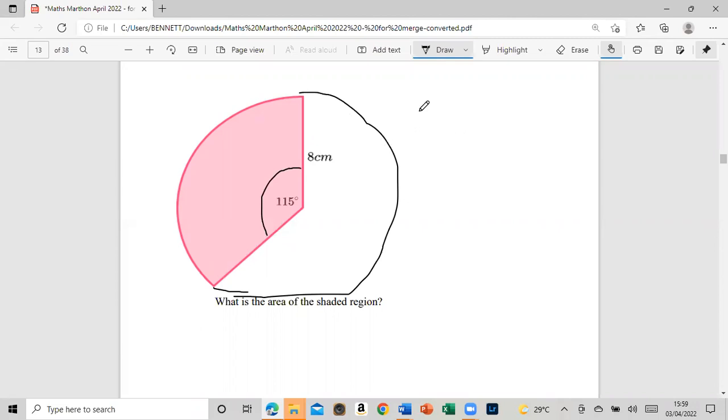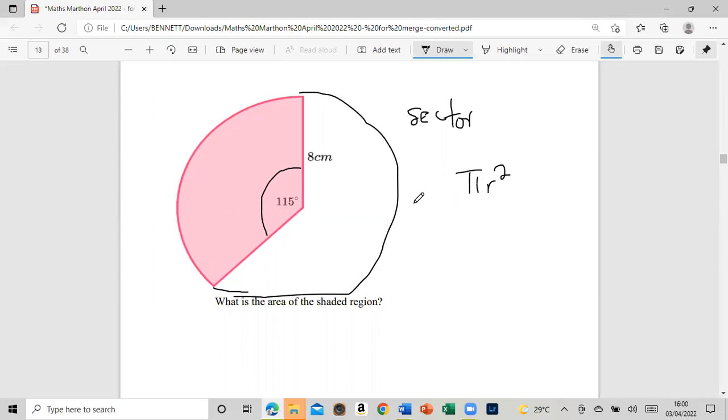So, area of a sector. Who remembers what the area of a sector is? It's a fraction of the area of the circle, right? Now the area of the circle is what? Pi r squared.